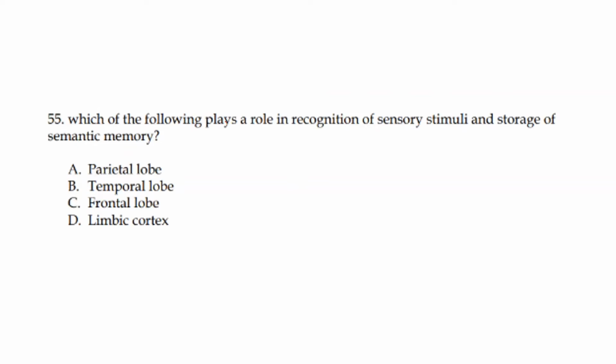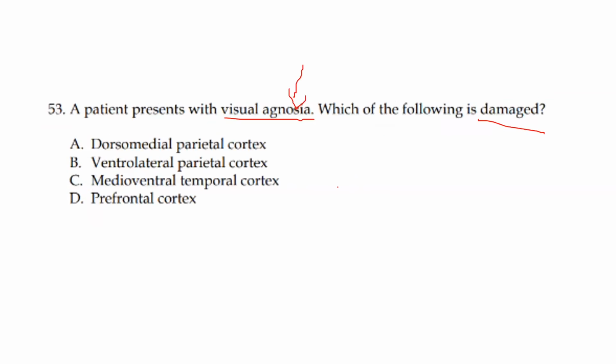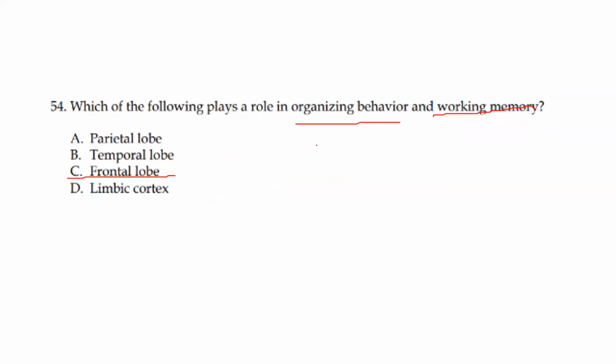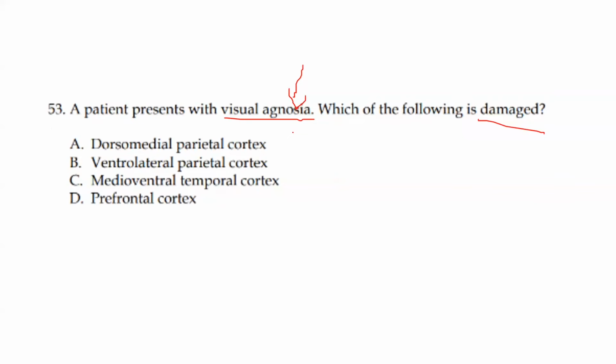Next answer, which of the following plays a role in recognition of sensory stimuli and storage of semantic memory? Okay, so I'm going to be honest, a bit of a giveaway answer is in the like 2 questions ago, with the patient with visual agnosia.